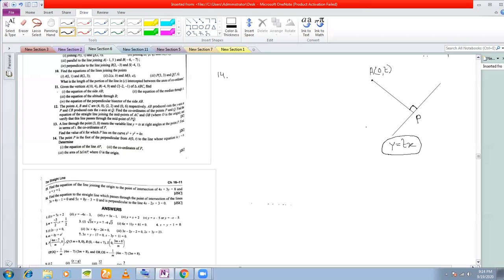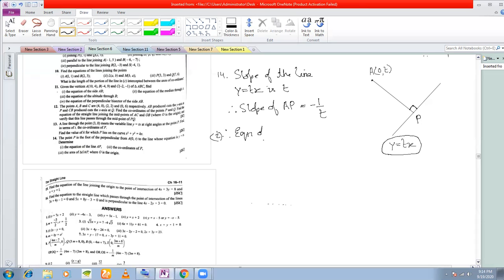So the slope of AP will be minus 1 by t.